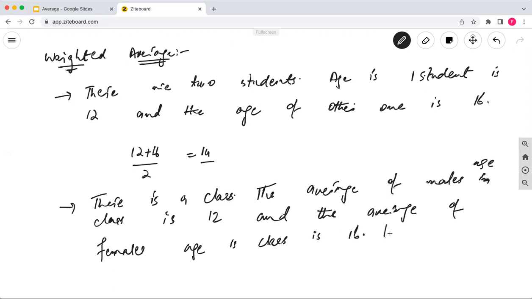Now if I ask what is the overall average of the class, can anyone of you tell what will be the answer to this question?